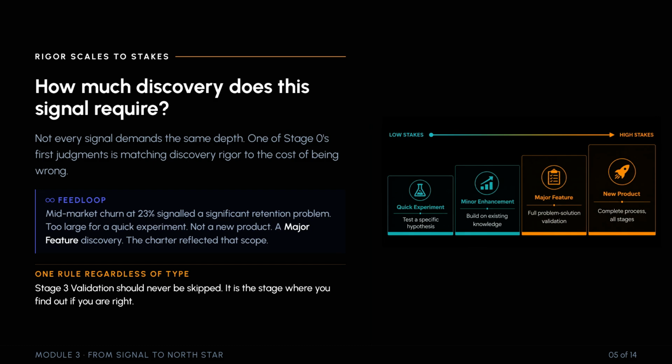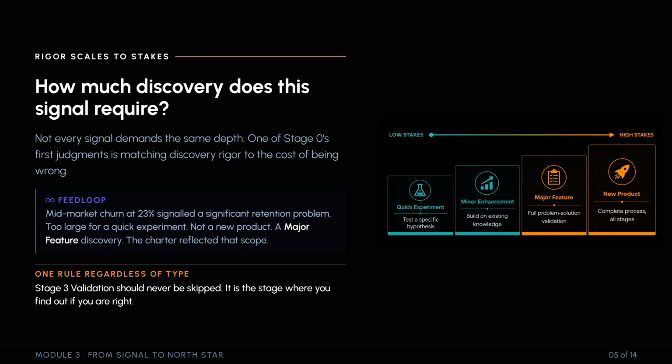One of stage 0's first judgments: given what this signal suggests, how much discovery does it warrant? Not every signal requires the same depth. A new product bet, entering an unknown market, solving an unvalidated problem, commands full rigor across all 5 stages. A quick experiment testing a specific hypothesis can run in 1 to 2 weeks.